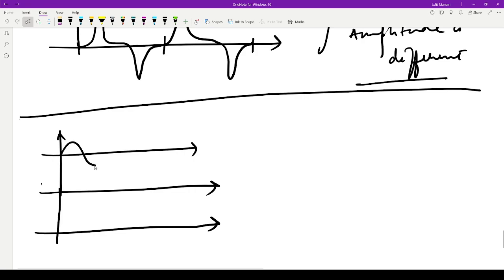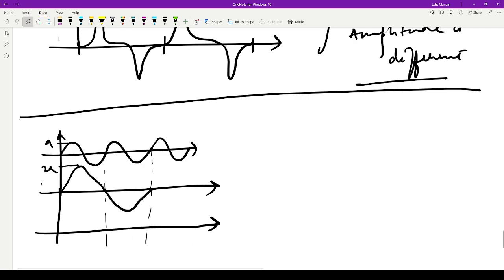So I have this specific signal, which varies like this. Probably I'll have another signal which has a higher amplitude than this. Let this amplitude be A, and this amplitude be 2A, maximum amplitude.